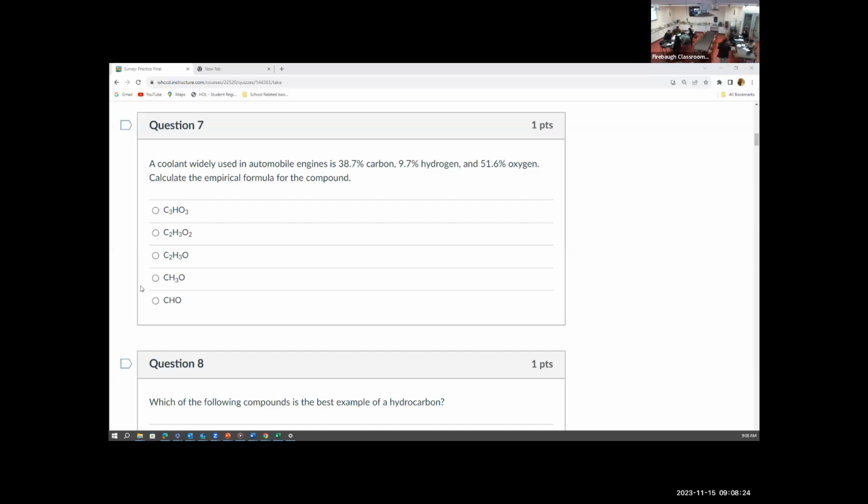Calculate the empirical formula for the compound. Which one of these is this? I just thought I'd ask you. I know you guys are wrong, right?